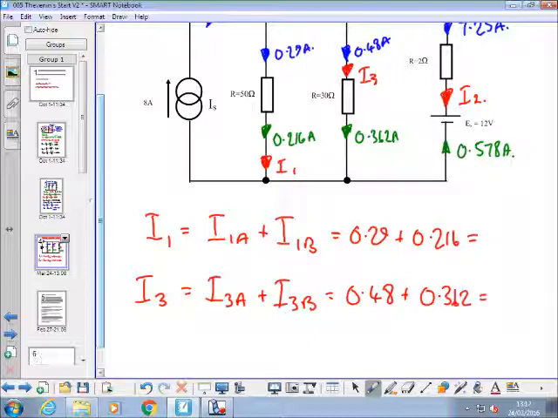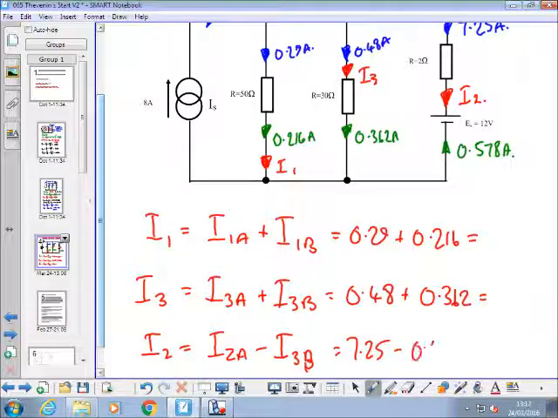And I2 is I2A minus I3B, because they're in opposite directions, which is 7.25 minus the 0.578 equals. So if we push the buttons on them, got some results for us.